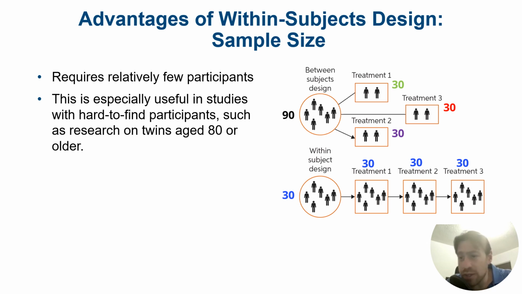So it's more work, it's more data, it's more expensive, it's more time consuming, and it's harder if you are working with populations that are rare or difficult to recruit. For example, twins, or older people, or individuals with some rare condition or life circumstance. All right, so that's one advantage, sample size.